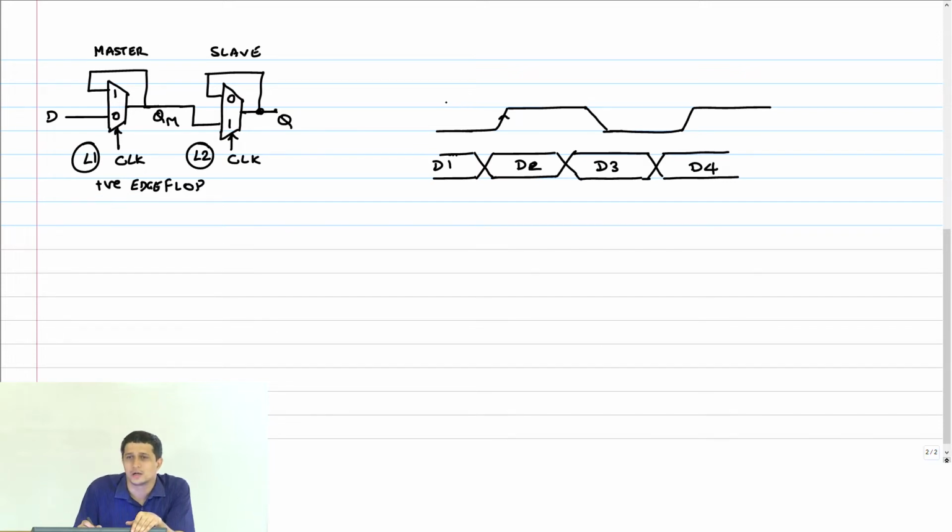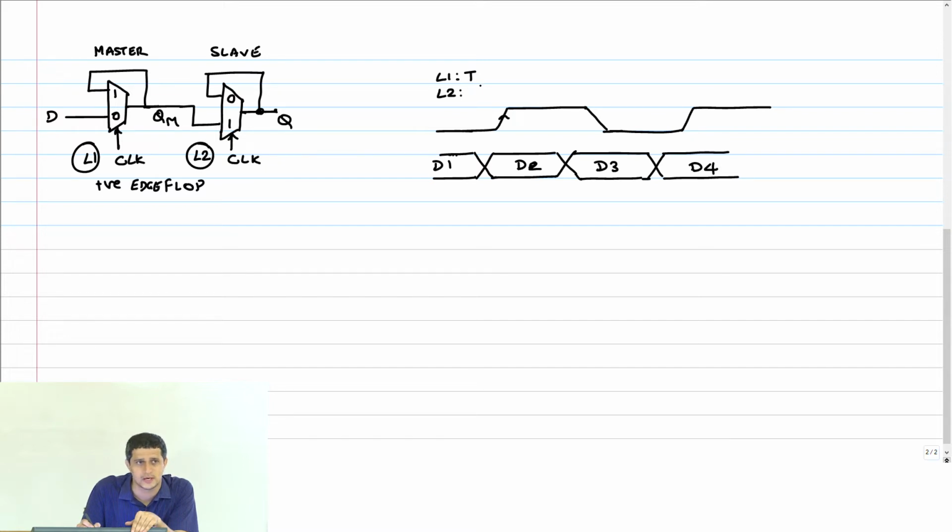So first of all, in each phase of the clock, when clock is 0, tell me if L1 is transparent or opaque. L1, when clock is 0, it's a negative latch, so data has to go through. Therefore it's going to be transparent. L2 will be opaque.